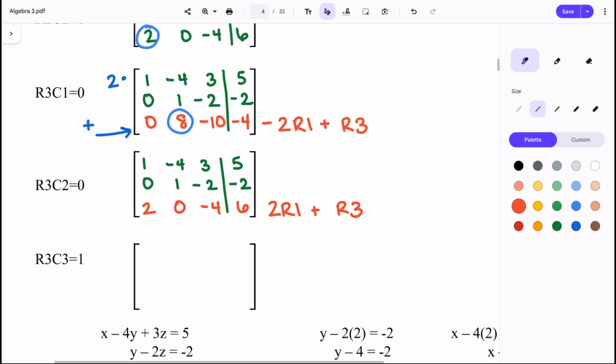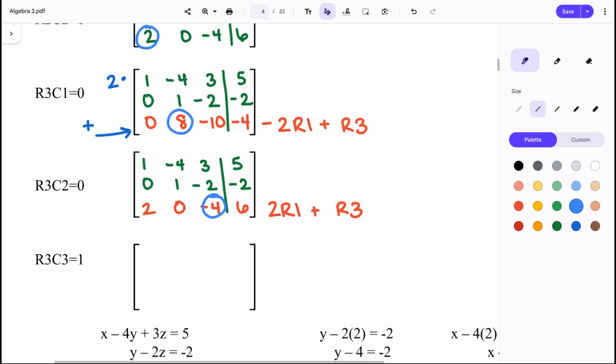Now, the next thing that they wanted me to do here is make row 3, column 3 a 1. So they want this negative 4 to become a 1. Okay, so let's think about how we could do that here. We could do that.